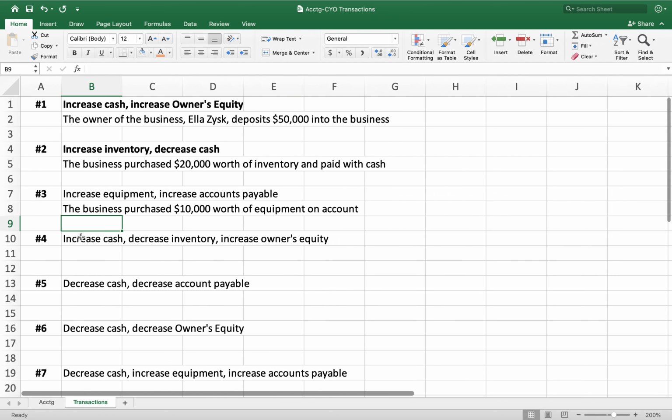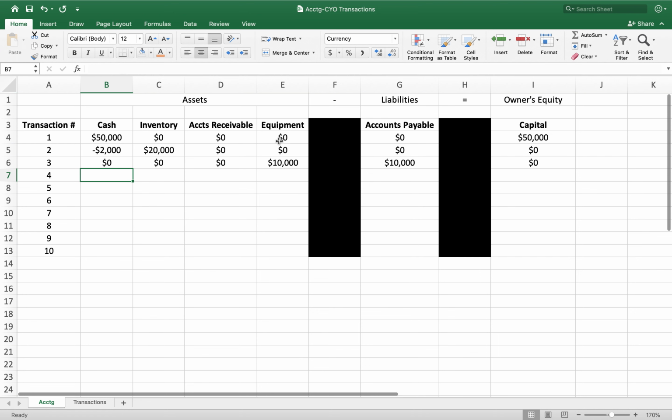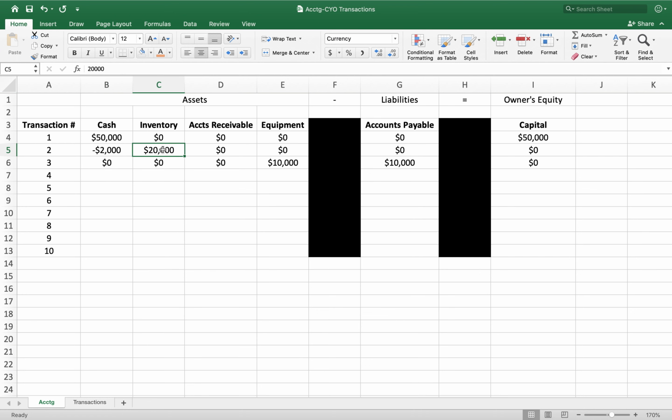All right, here we go. We keep cruising here. On to number 4, increase cash, decrease inventory, increase owner's equity. So here's what's happening. We're selling some of our inventory. That's how we lose the inventory. We are receiving cash from a customer, and there's going to be profit involved there too. So we have to go back and look at how much inventory we have. We have $20,000 worth of inventory.